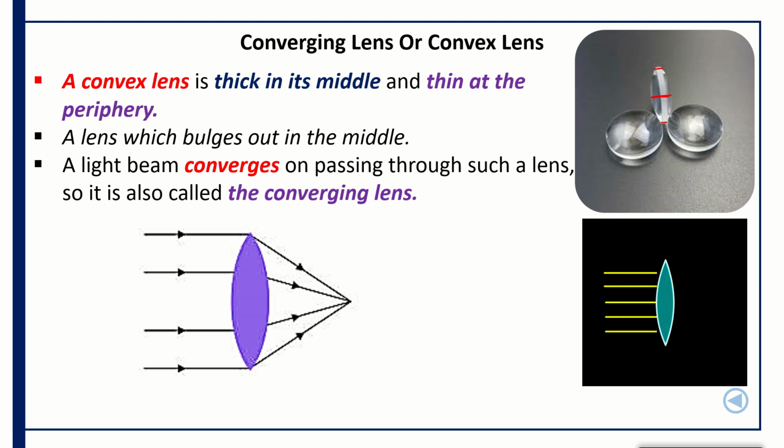All the refracted light rays are meeting at one point, so they are known as converging at that point, and such phenomenon is known as converging of light, and these lenses will converge the light, so these are known as converging lens or convex lens, where its middle part is thick. Can you see here? Its middle part is thick and edges are thin, or it is bulgy at the middle portion.